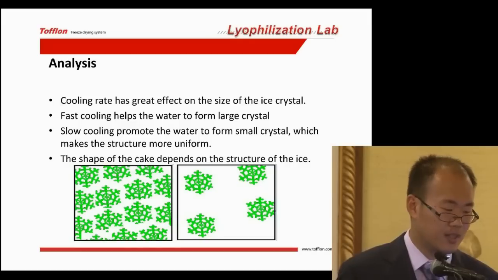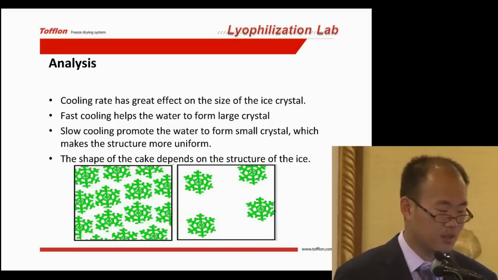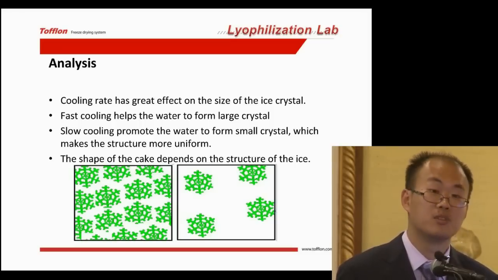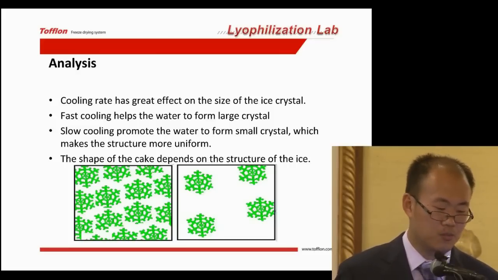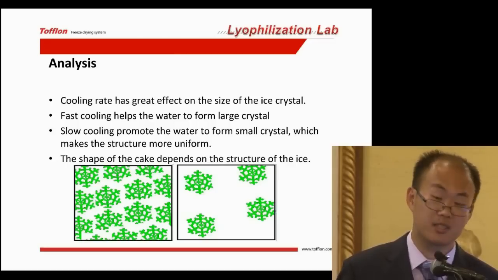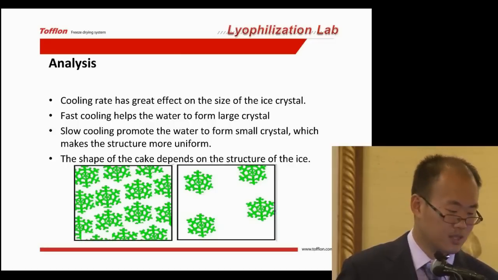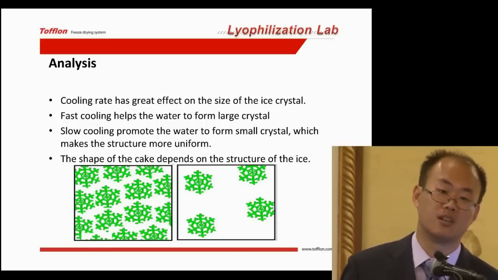Fast cooling helps the water to form large crystals, and slow cooling promotes the water to form small crystals, which makes the structure more uniform. Now we use slow cooling, so we make the water form small crystals. The structure is more uniform, so we can get that product with good quality.